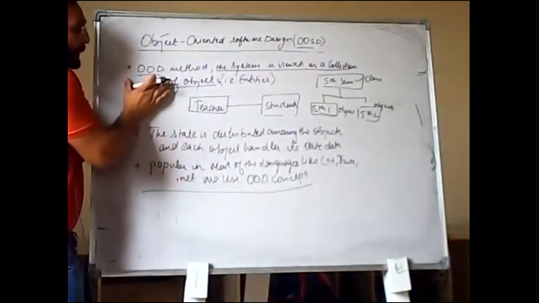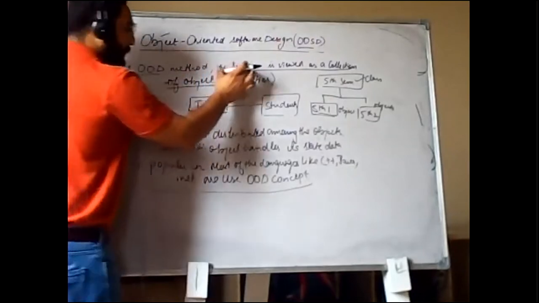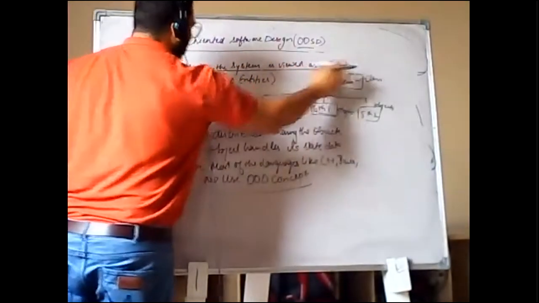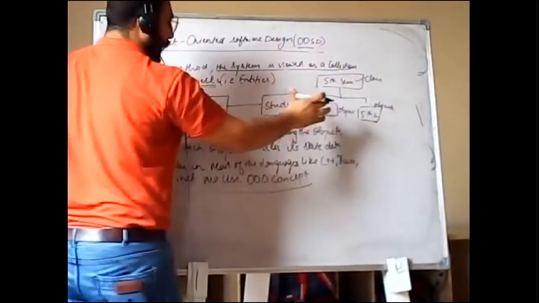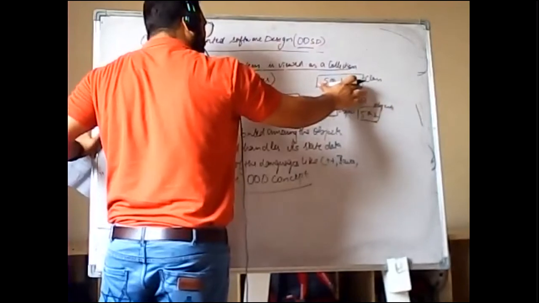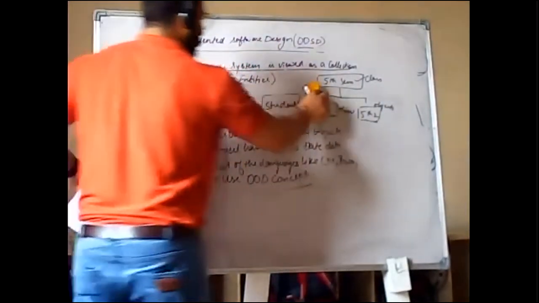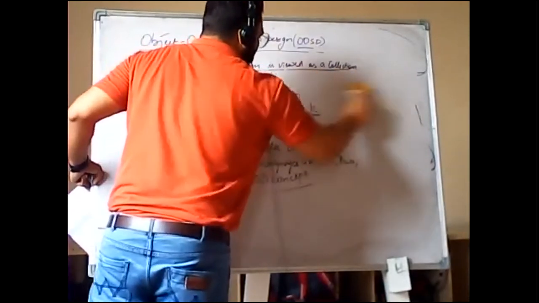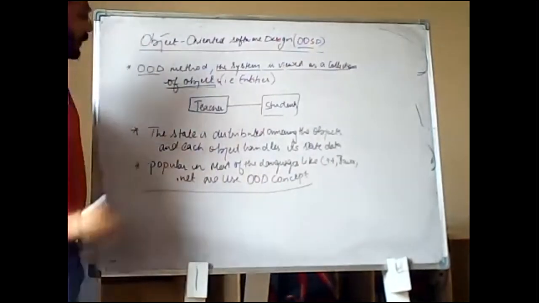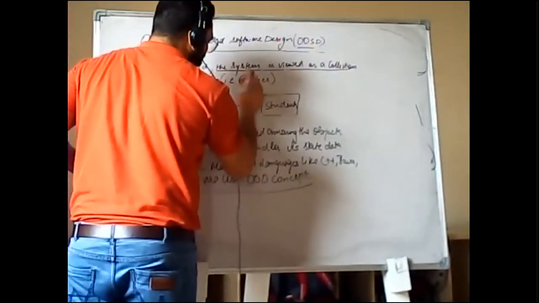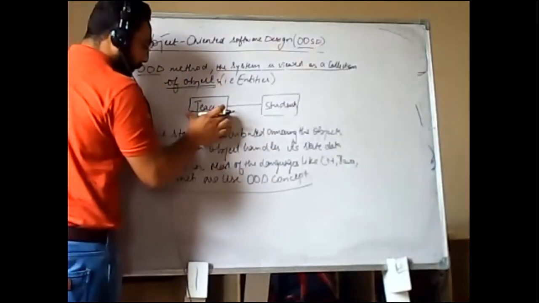That is the first point, explaining the object-oriented design method. The system is viewed as a collection of objects, and these objects are related to a single class. These classes or objects are called entities. Here is an example.